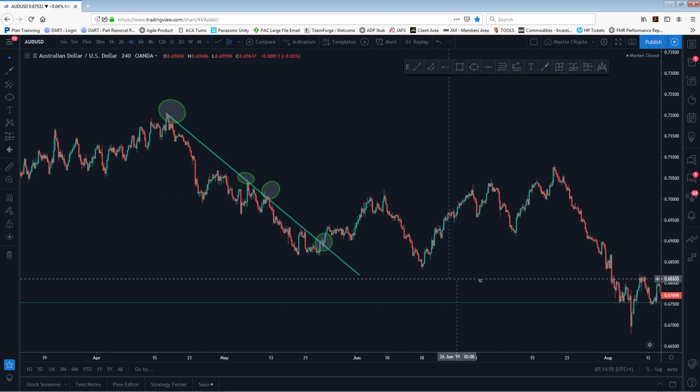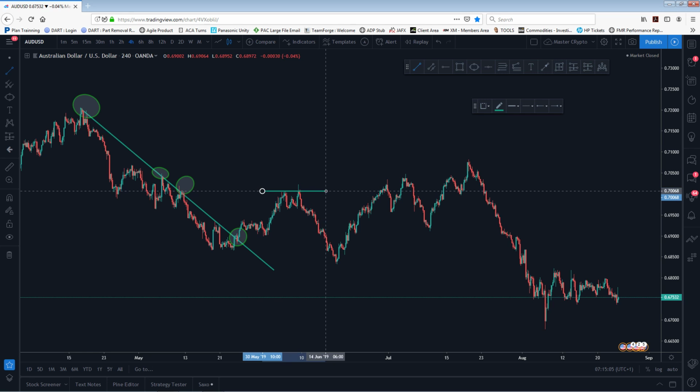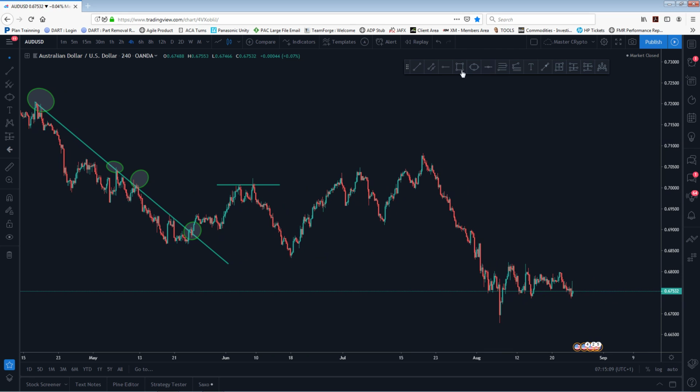All we're doing is sitting back and noticing some stuff. This is what I want you to do. So I'm going to continue. Obviously this looks like a double top. This guy here, from the top, is called resistance, right? See how it touched here?